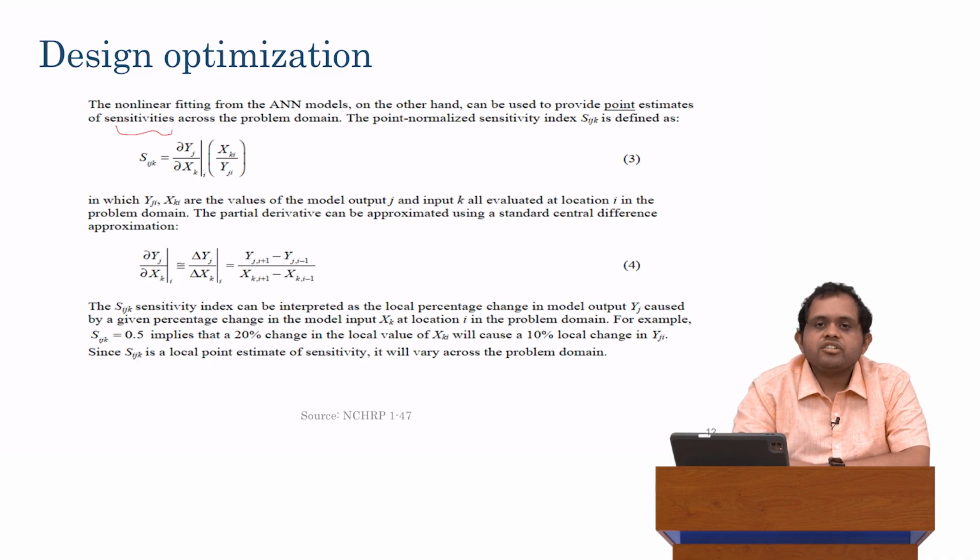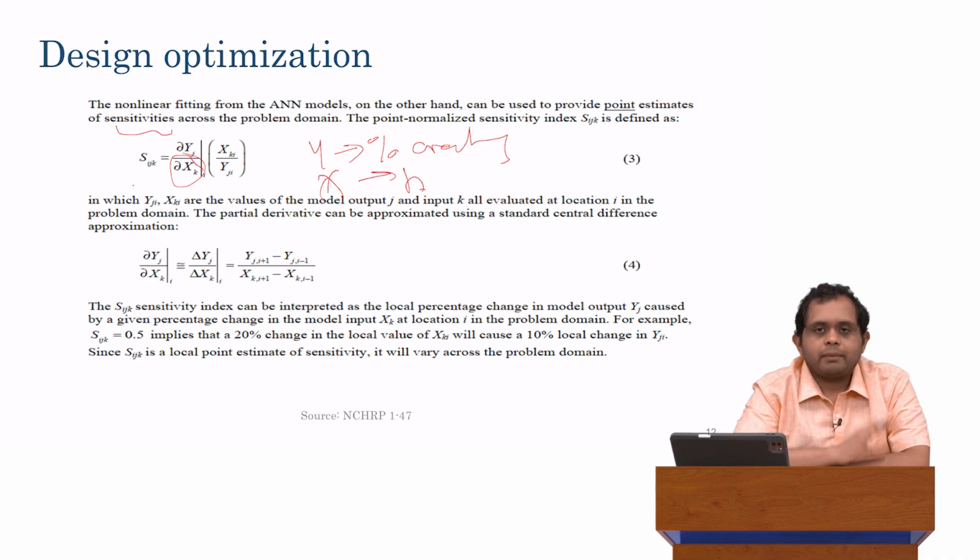So for example, if you're interested in cracking, the sensitivity of cracking with respect to, let's say, thickness, if y represents percentage cracking and x in this case represents thickness h, then it is the change in cracking for a change in thickness, keeping all other values the same. That is, if all other values are fixed at a particular value, then what is the variation of cracking with respect to one particular variable? That is called the sensitivity of that particular variable.